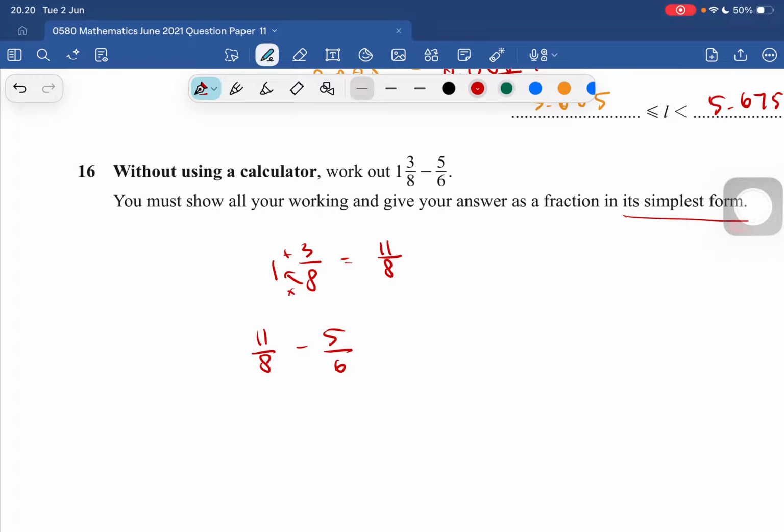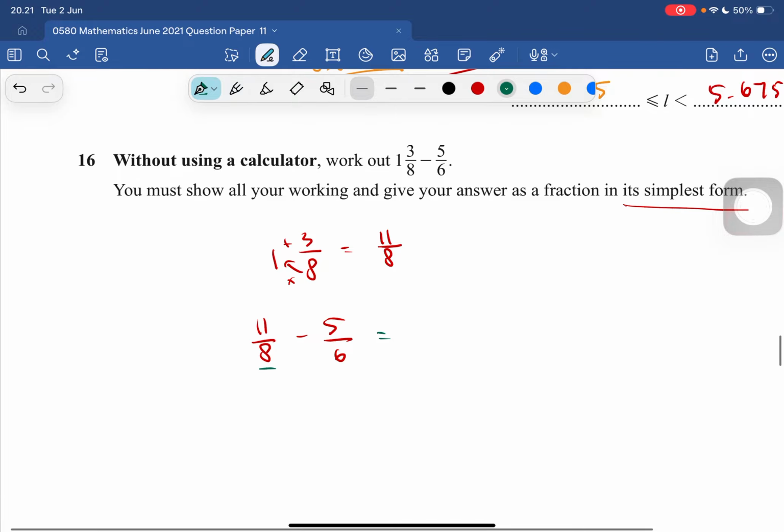For addition and subtraction of fractions, we need to make the denominators equal. We have 8 and 6. Here we can multiply by 3, and here we multiply by 4.